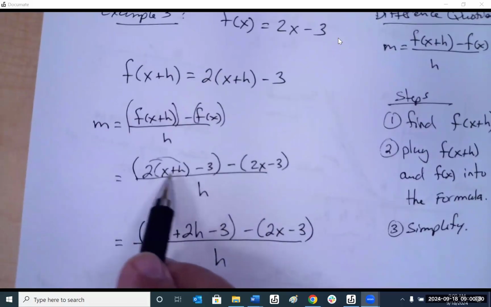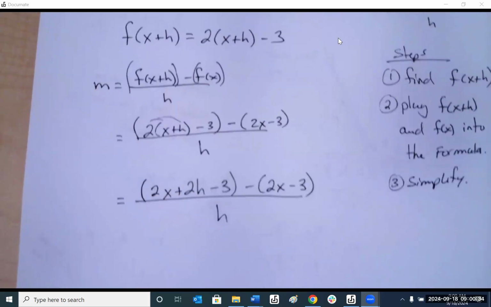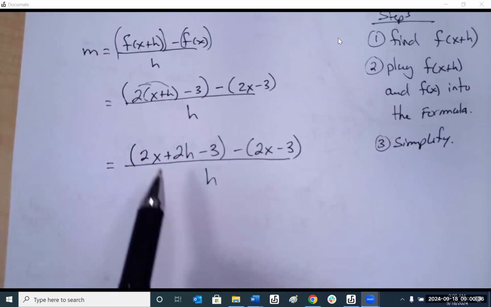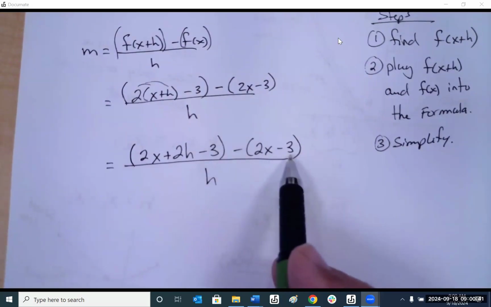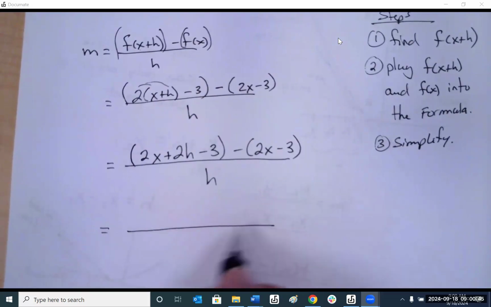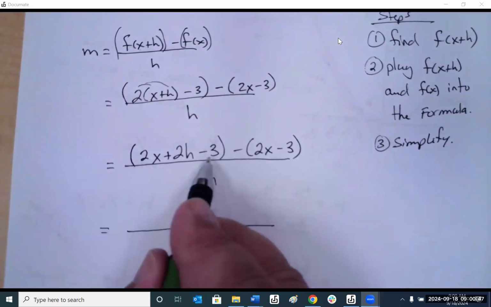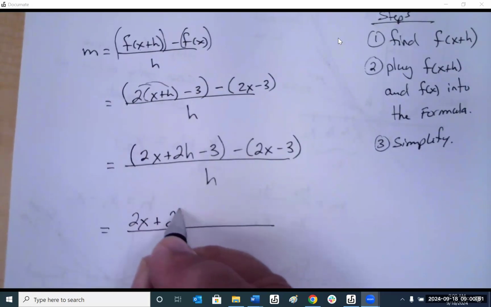So all I did was get rid of the first parenthesis. Can I combine any like terms inside that first parenthesis? No. So I get rid of the parentheses. The first parenthesis doesn't have anything in front of it, so I can just drop the parentheses.